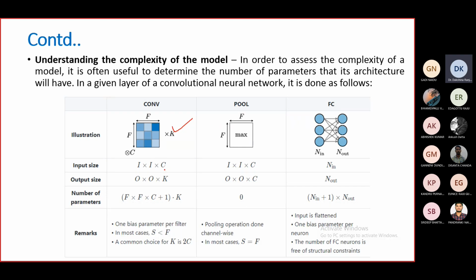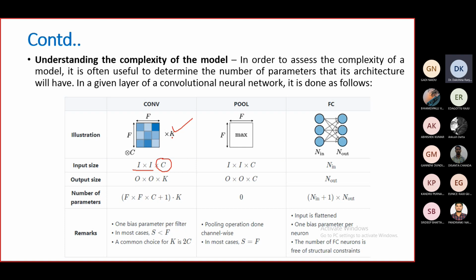If we have c number of channels, with the dimension of the input image I into I, where c is the number of channels, then the input volume becomes I into I into C, and the output size becomes O into O into K.